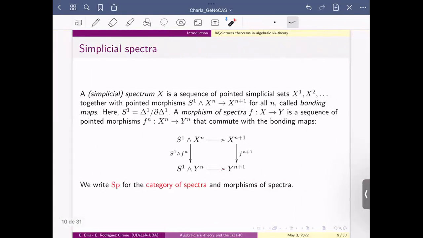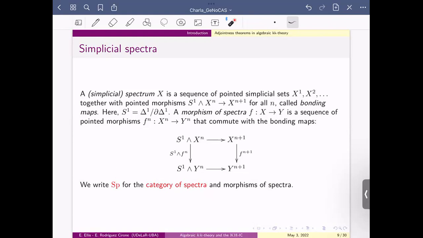Okay, another ingredient that we need is the category of spectra. We are going to work with simplicial spectra because we need a property of the category of simplicial spectra. And I recall what it is.